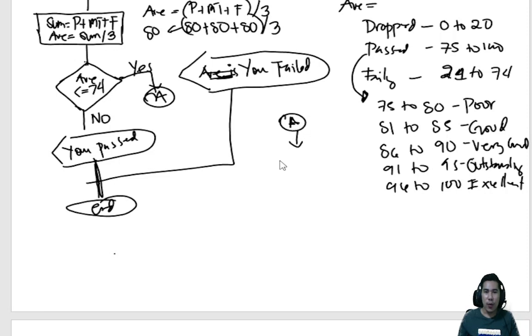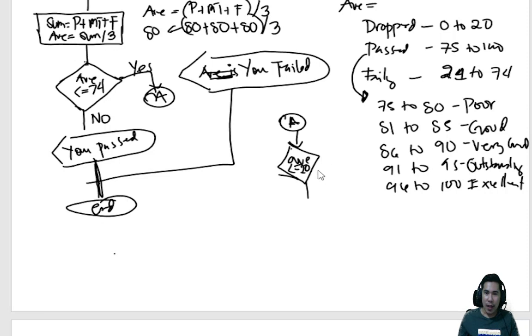Okay. So in our process, another decision. If yes, okay, another decision: if average is less than, let's say, 74. If average is less than or equal to, let's say, 20, if yes, okay.